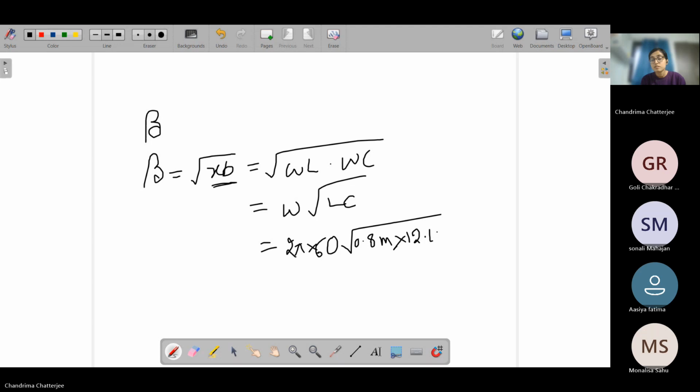Right, nanofarad. So can you calculate this and find the answer?